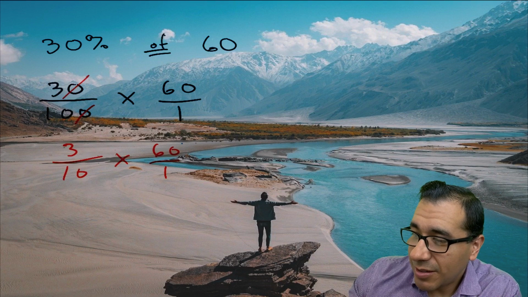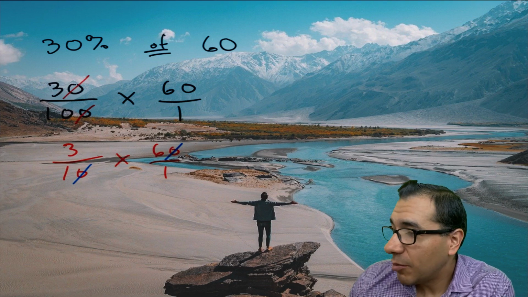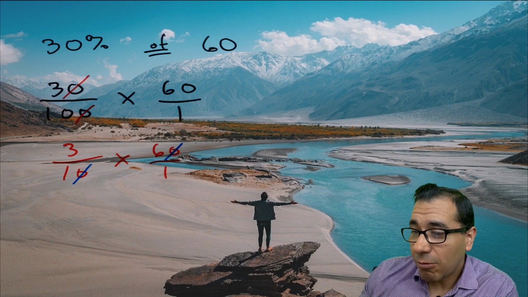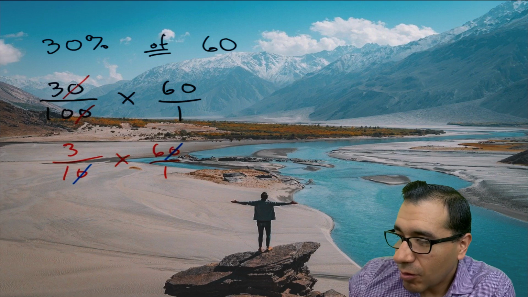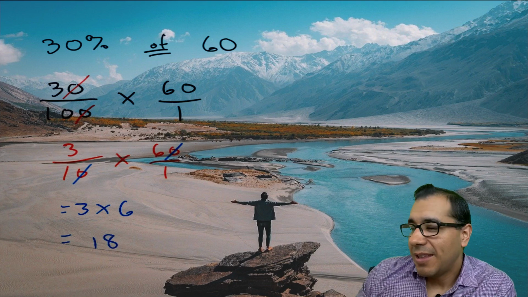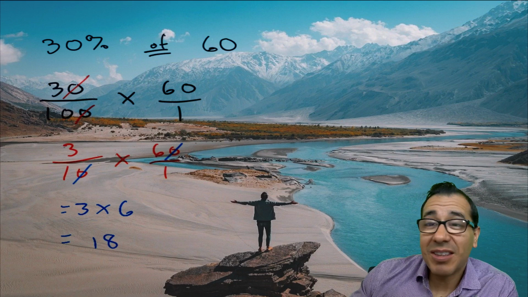So 60, I'm going to turn that into 6, and 10, I'm going to turn that into 1, because what I'm doing is dividing both of these numerators and denominators by 10. So look what we're left with: 3 times 6. So 3 times 6 is 18. This would be the long way that we really don't want to do when we're using these percentages.